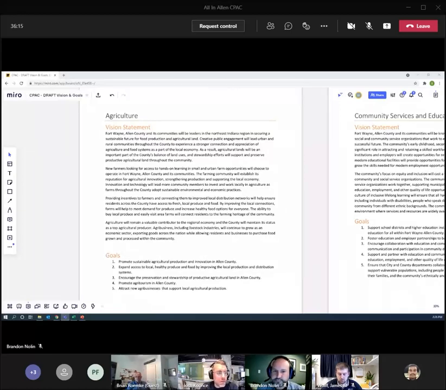Okay, so big picture for agriculture, we tried to capture the idea of preserving and protecting the county's agricultural heritage, helping new farmers and small farmers, the idea of embracing agricultural innovation, connecting farms to distribution, and helping people be able to purchase locally grown produce and meat.